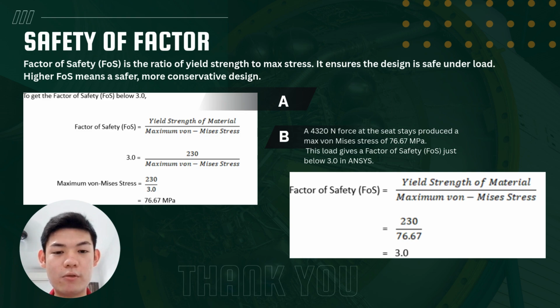After we get this value, we input it in ANSYS and run the simulation. After we run the simulation, we know that a 4,320 Newton force has to be applied at the seat stay to produce a maximum von Mises stress of 76.67 megapascal. This will give a factor of safety just below 3.0 in ANSYS.